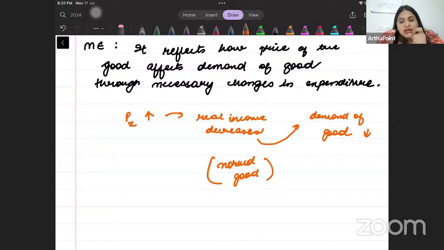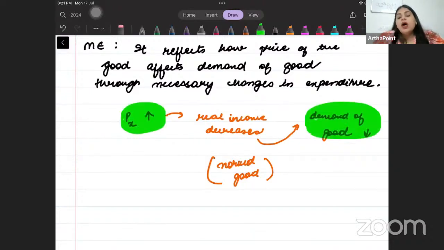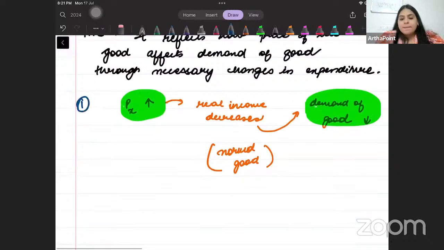So through the income, we see that price and demand of the good move in the opposite direction. Price increases the expenditure, which in return decreases the demand of the good. That's one way of looking at it, right?